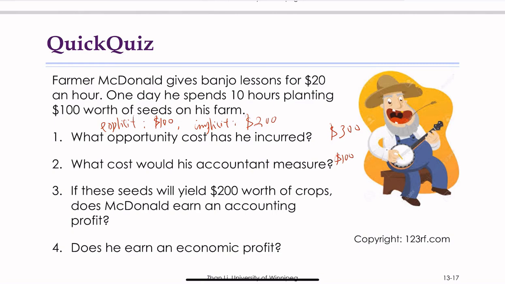So what is the total revenue here? The total revenue is 200, right? So it's 200 minus 100, which gives us 100. So from the accounting perspective, there is $100 accounting profit.